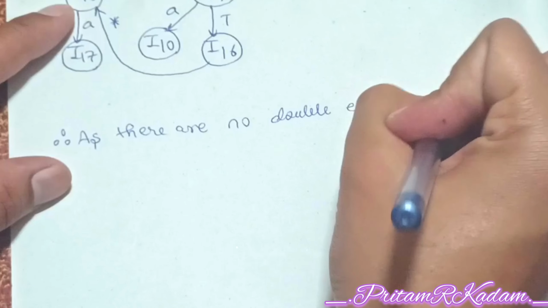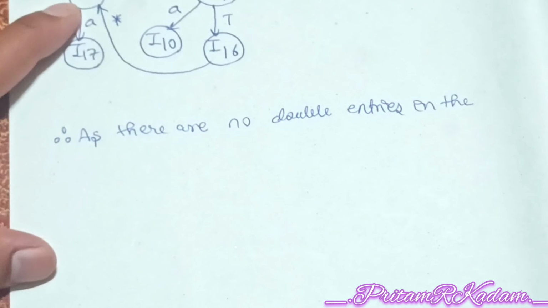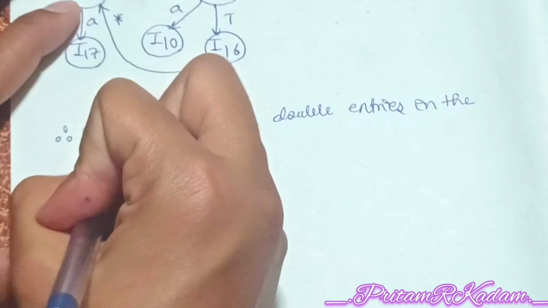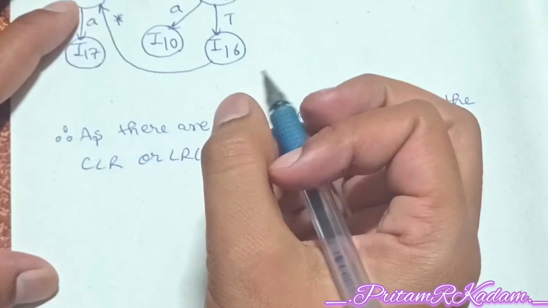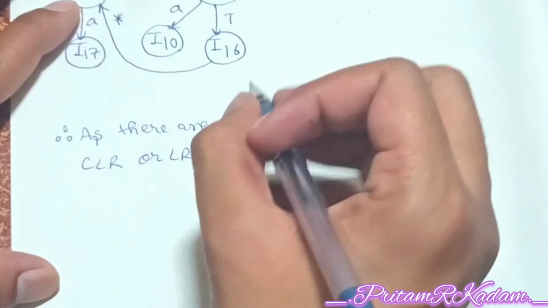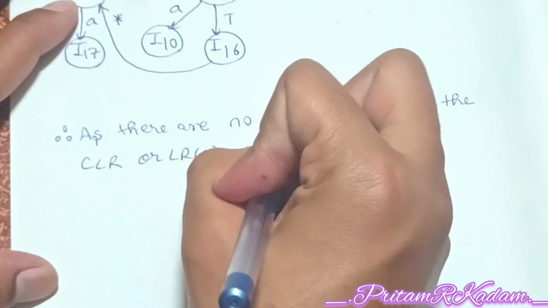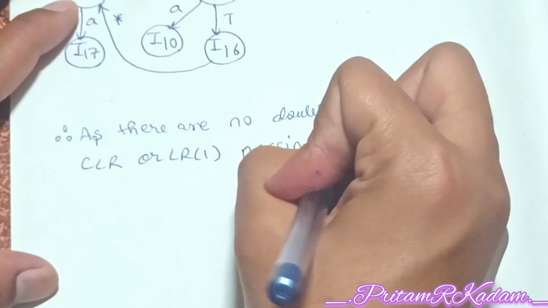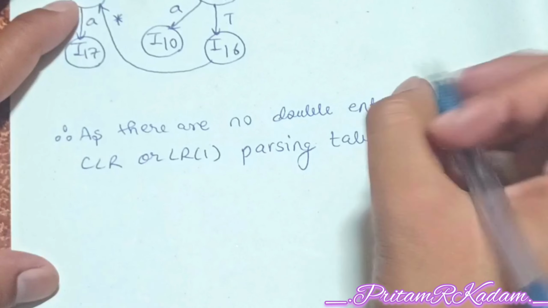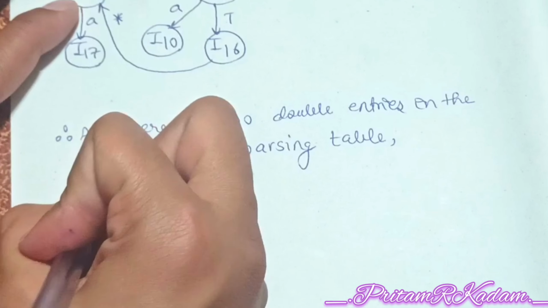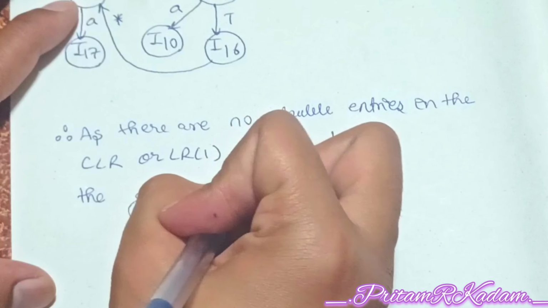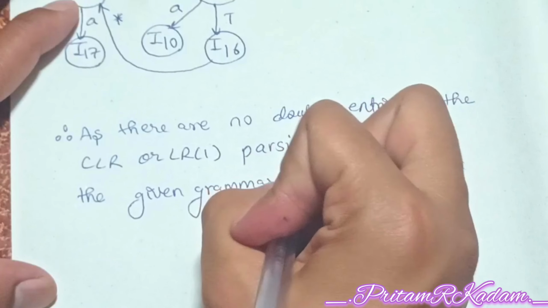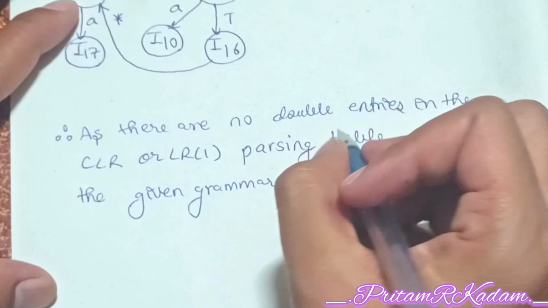Therefore, as there are no double entries in the CLR parsing table, CLR or LR1 table or parsing table, you can say any of those, the given grammar is a CLR grammar.